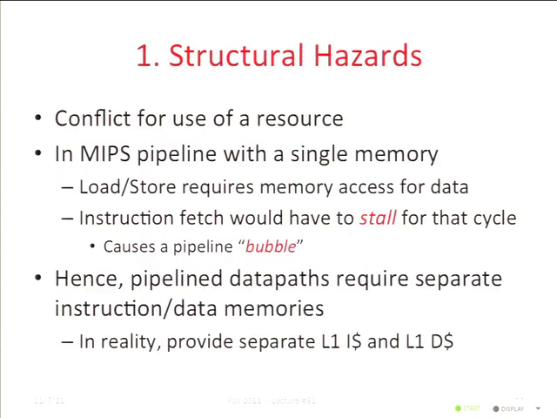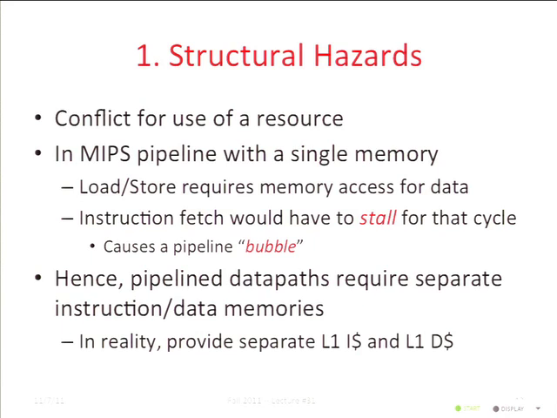And the idea is if two different instructions needed the same resource at the same time. So for example, let's say you have to go to memory to get an instruction, that's instruction fetch, and another instruction is doing a load or a store, that has to go to memory to do that read or the write, okay?